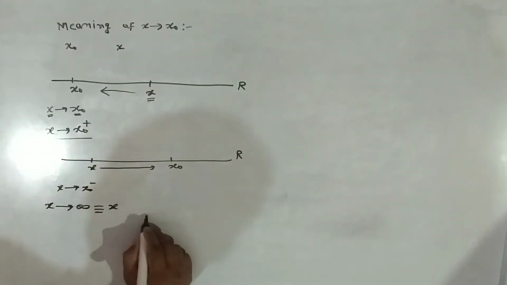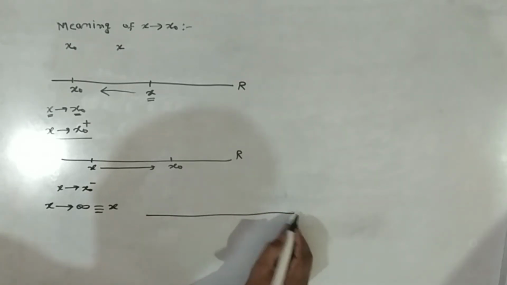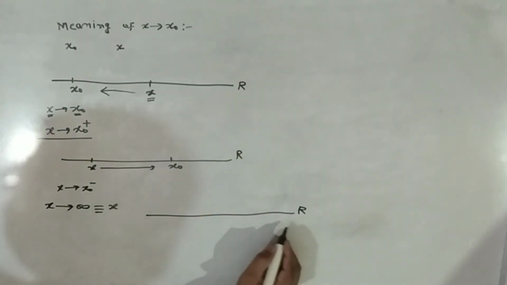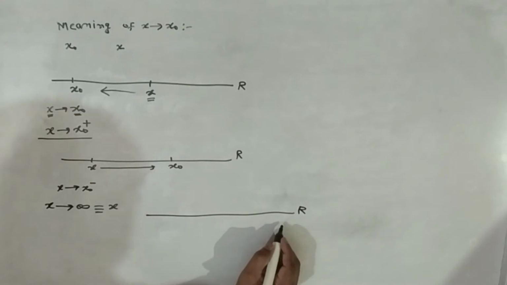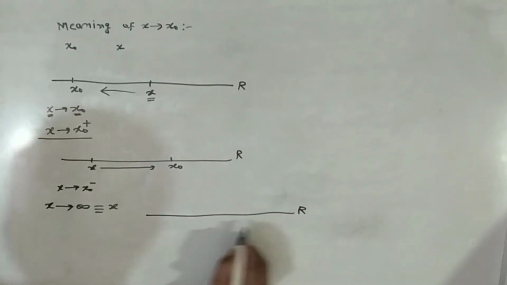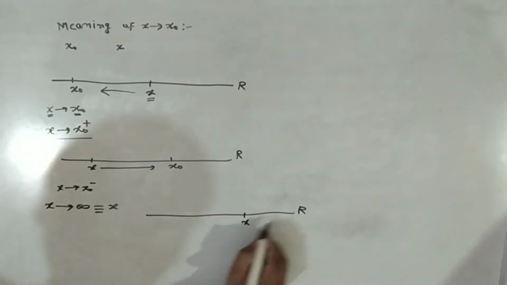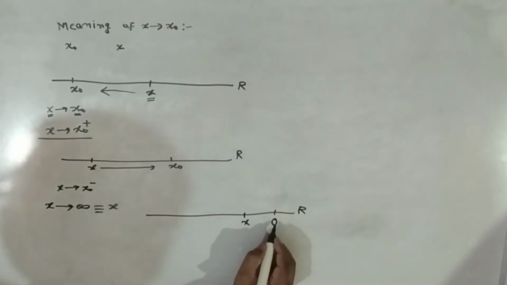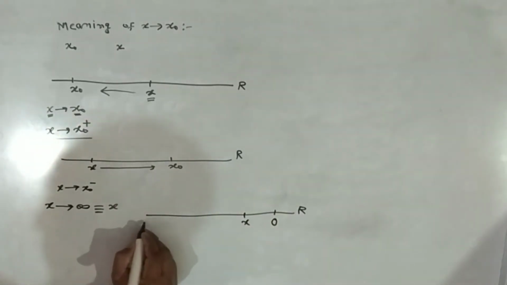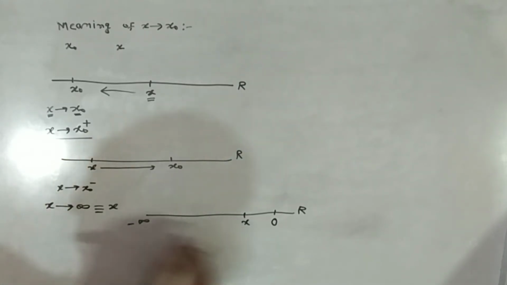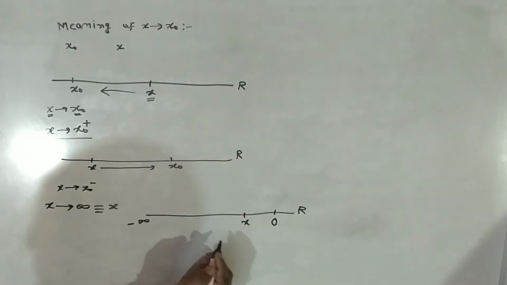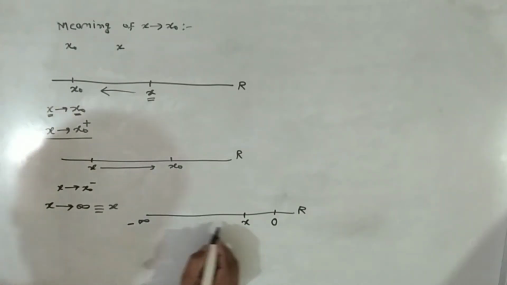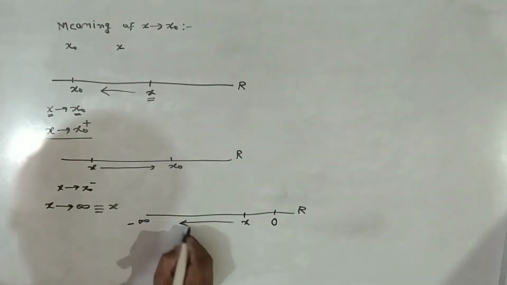This is the real line R, and here is a point x, and suppose here is 0, and minus infinity is to the left of this x, and this is x tends to minus infinity.